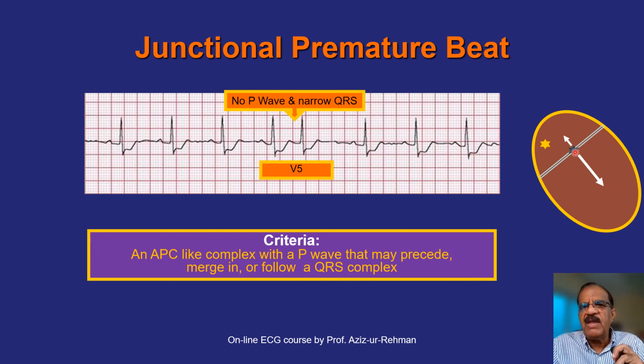If it is before that, you will see a P wave just before the QRS complex, but this P wave will be inverted because this P wave is conducted this way. So it would not be like a normal P wave, it would be an inverted P wave. And the QRS pattern would be just like normal SA node activity, because this conduction is normal.